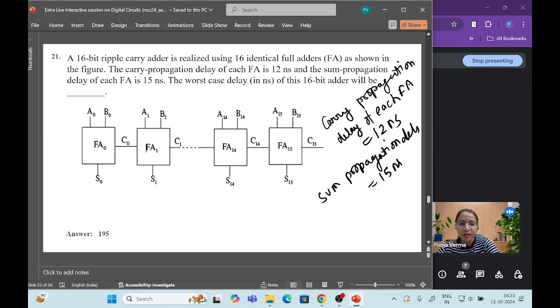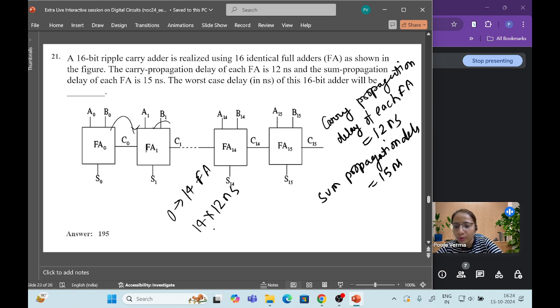So already we know that the carry is propagated from one full adder to the next full adder, but some is not propagating. Some will be adding, right? So from 0 to 15, the carry will be propagated through 0 to 14 only, that means 14 into 12 nanoseconds, because after that it will not be propagated, it will be the final one, right?